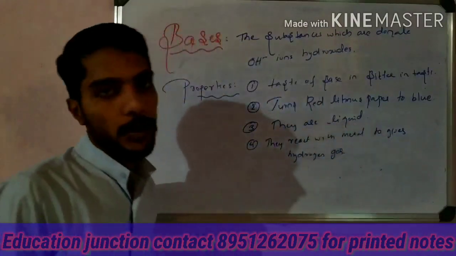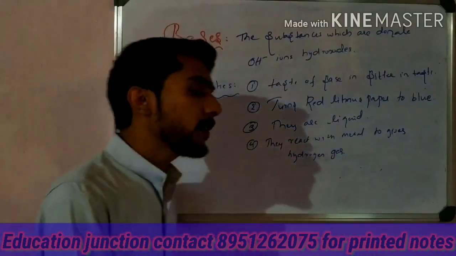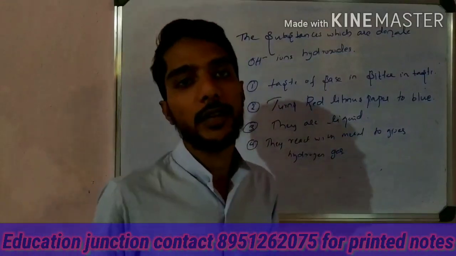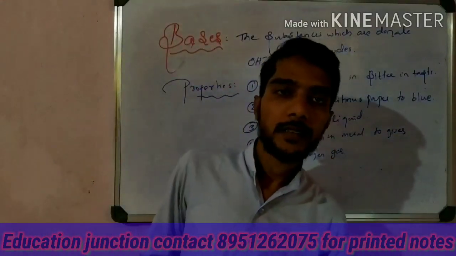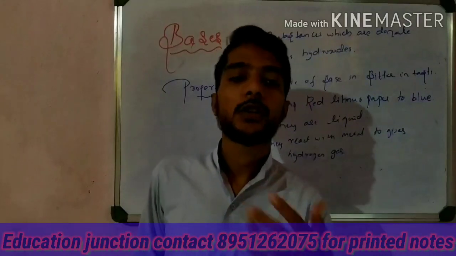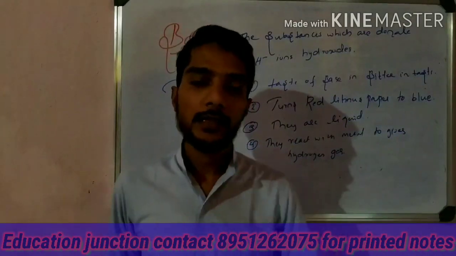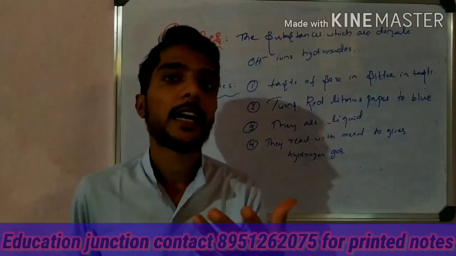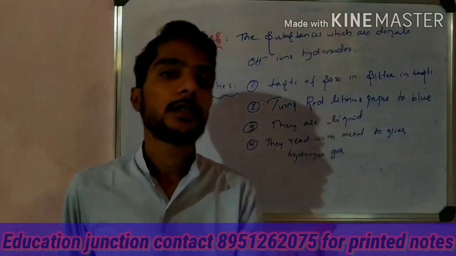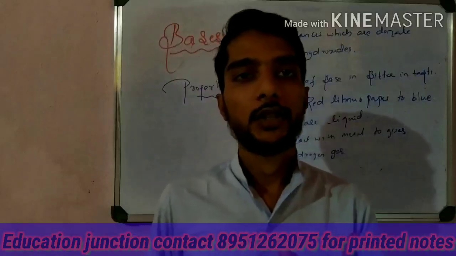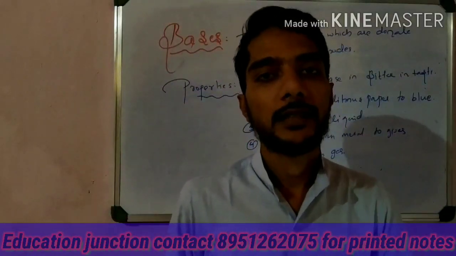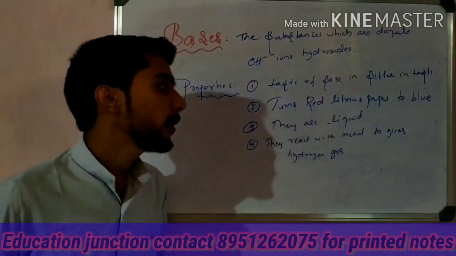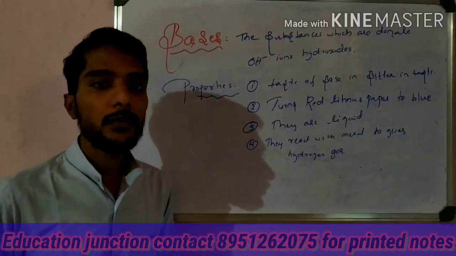That is very important. The same happens in the case of acids also: when an acid reacts with metals, it gives out H2, hydrogen gas, and when a base reacts with metal, it also gives hydrogen gas. That point should be added in acids also.